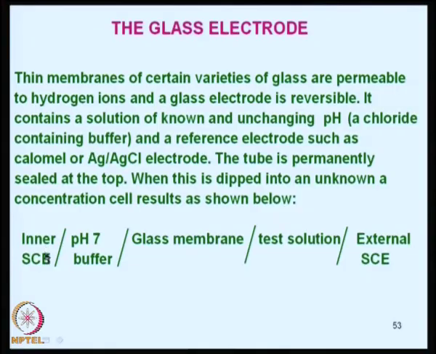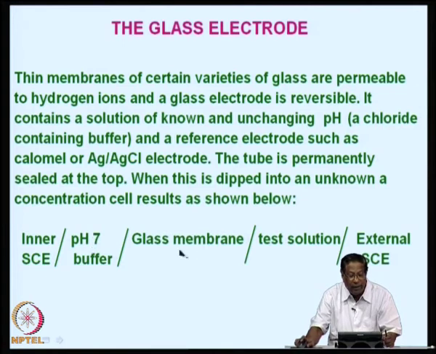So, I can represent the concentration cell like this, that is inner SCE. Look at this slide please. This inner calomel electrode, instead of standard, I put pH 7 buffer, then I have a glass membrane, then I have a test solution which is connected again to an external SCE.